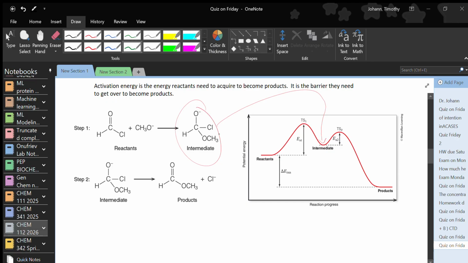All right, so let's go ahead and write that. The first reaction is the slow step.